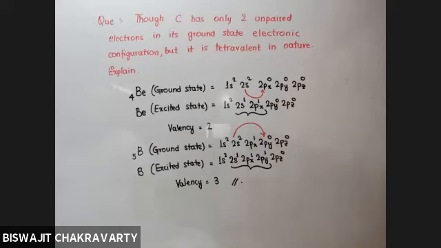So this is what we discussed, that in case of atoms like beryllium, boron, and carbon, what you expect and what you actually get are different. Valency cannot be explained on the basis of ground state electronic configuration. So in that case, we'll have to make use of excited state configuration.